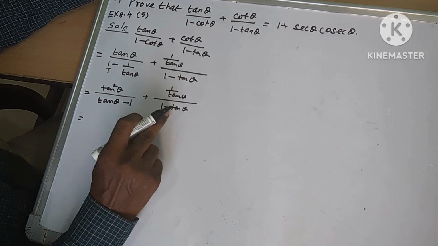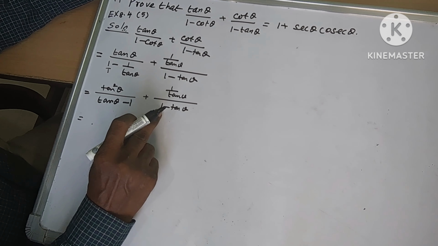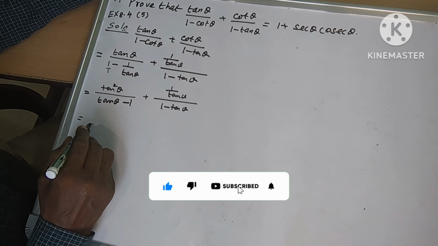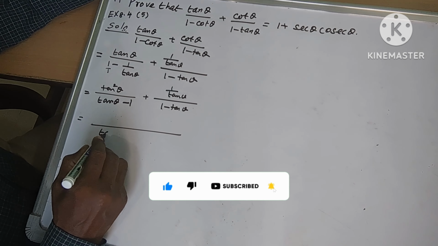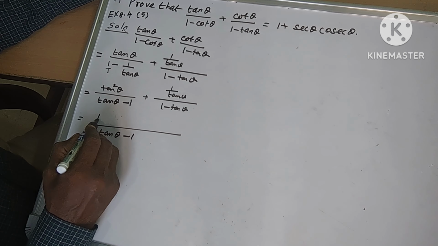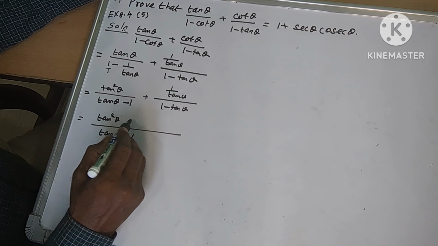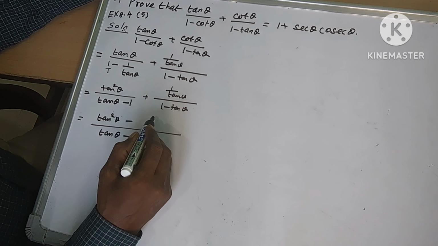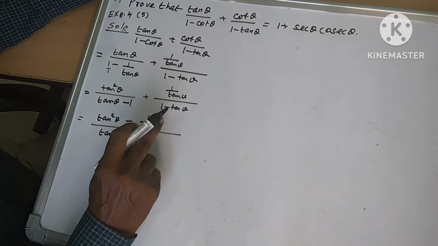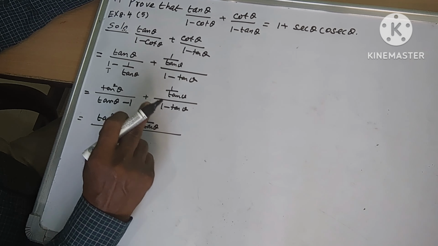We change it according to this, so this will become tan theta minus 1, and the sign will be changed. Here is tan square theta, and this will become minus 1 by tan theta.